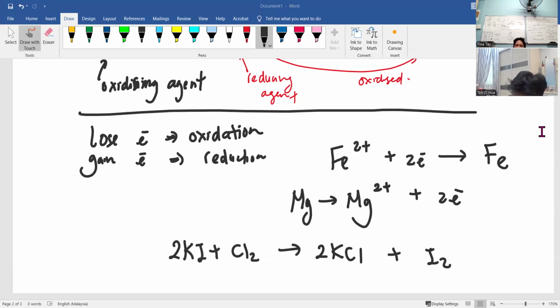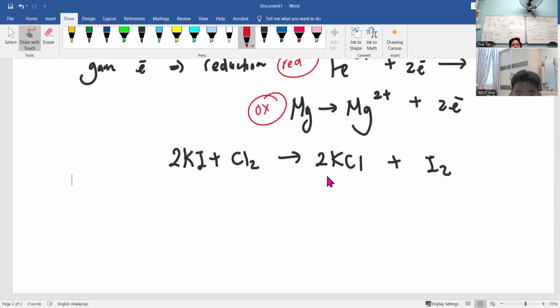Okay, one, I'm correct. This one is reduction, correct. This one is oxidation, correct. Okay, this one, right? What you need to do is like this.